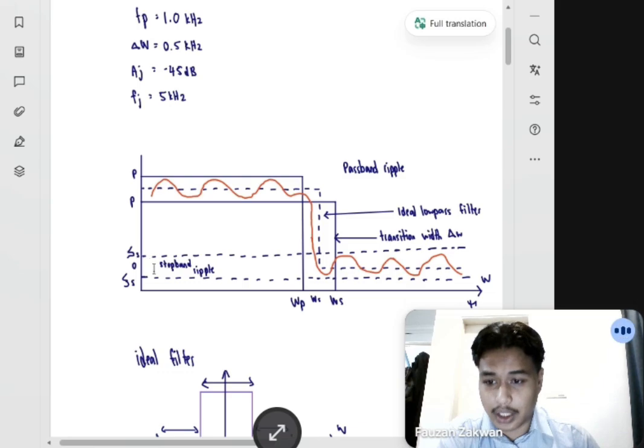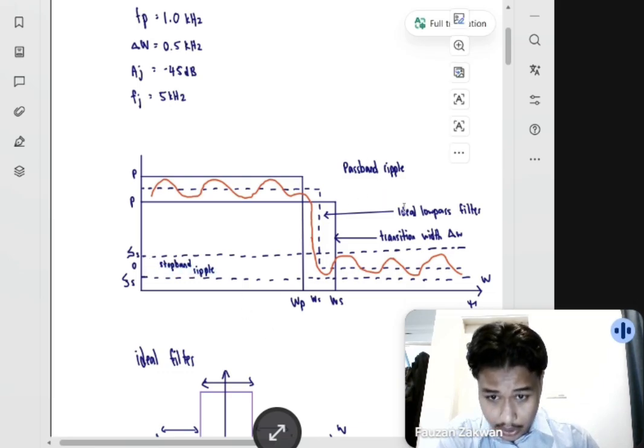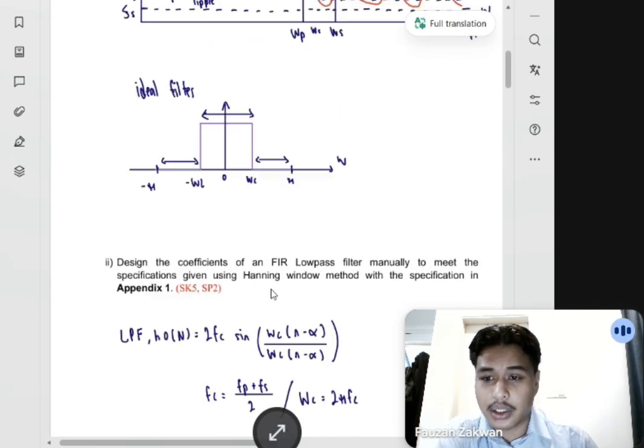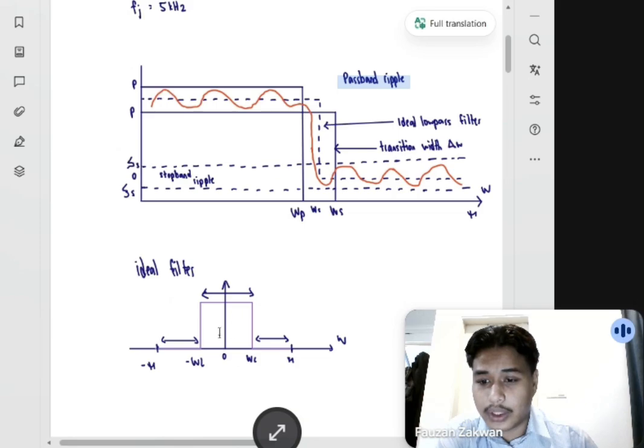Here is the stopband ripple, the ideal low pass filter, the transition band, with Wp, Ws, and pi. So this is the passband ripple. Next is the ideal filter. As you can see, I sketched here negative pi to Wc to 0, Wc to pi.